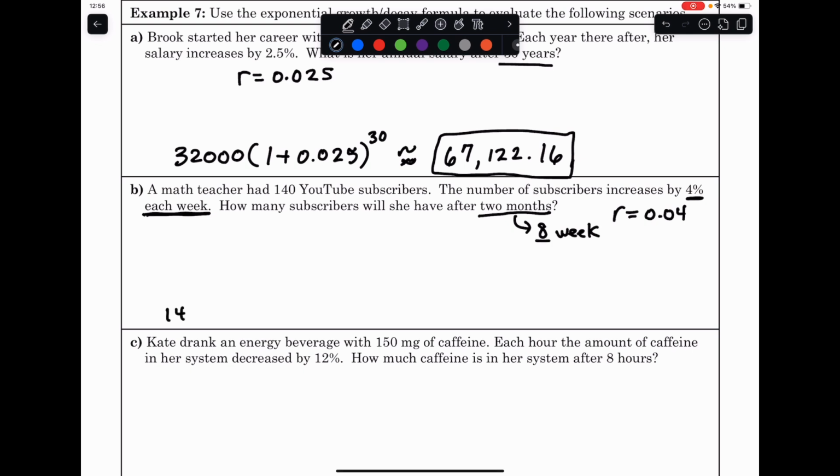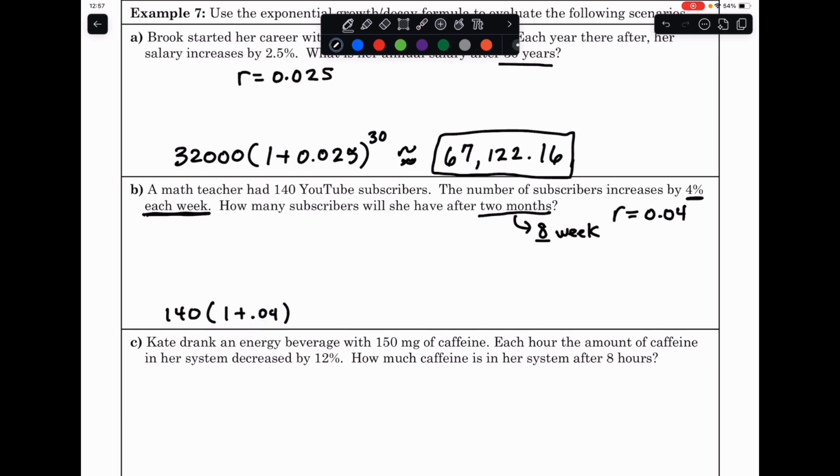So we start with 140 subscribers. It's going to increase by 4%. So 1 plus 0.04. And this automatically does 2 things. It multiplies the 140 by the 4% and then adds that to the 140. So that's why we have the 100%, the amount that we originally have, plus the additional 4%, 0.04.